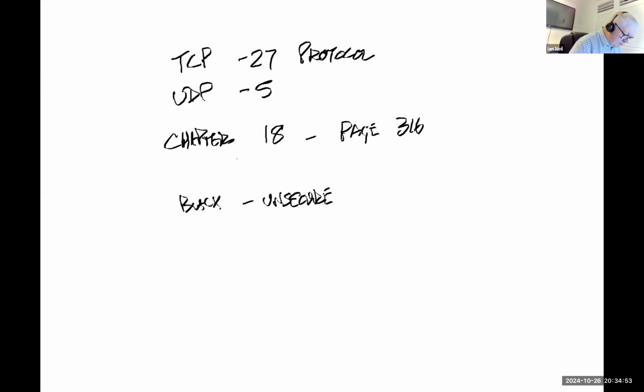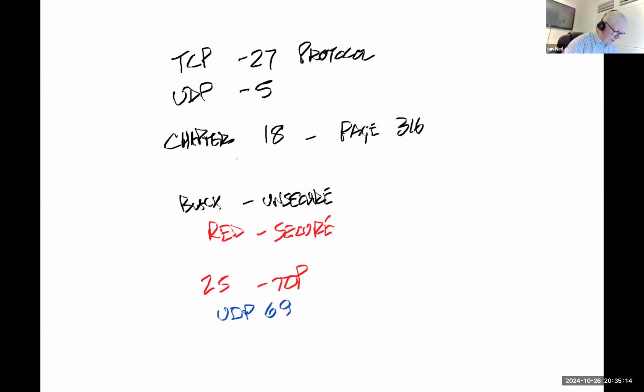If it's red, it's going to be secure. If I write a number like 25, that is going to be TCP. And if I write a number, UDP 69, you know that that is going to be UDP.